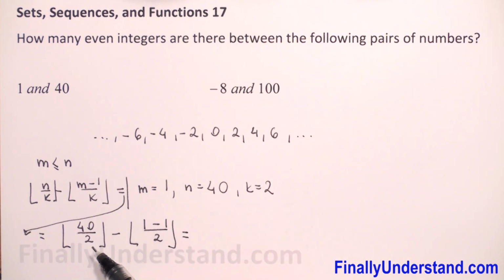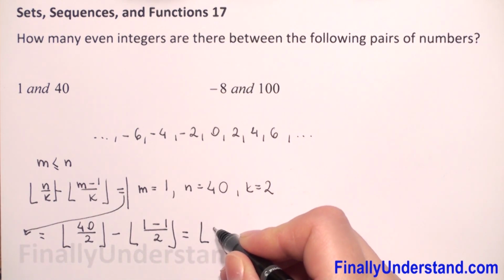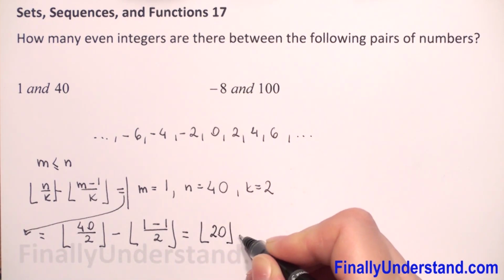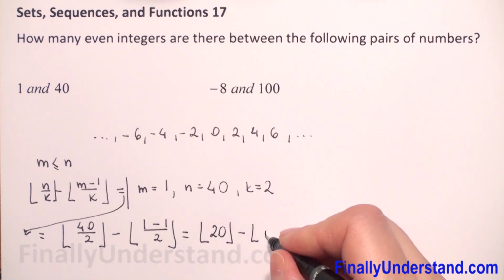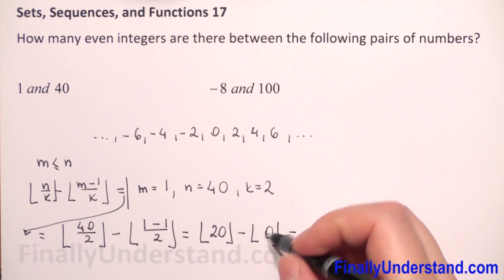We know that the floor of a number is the largest integer less than or equal to this number. So the floor of 40 over 2 is 20, minus the floor of 1 minus 1, which is 0. So we have the floor of 0.